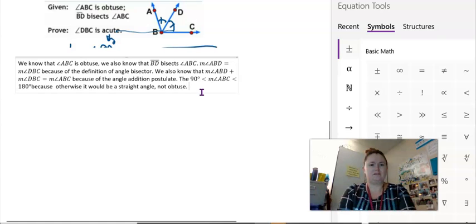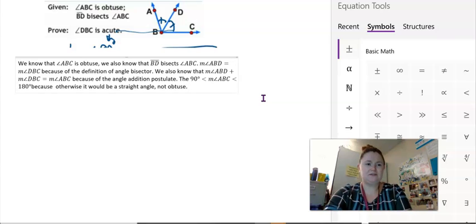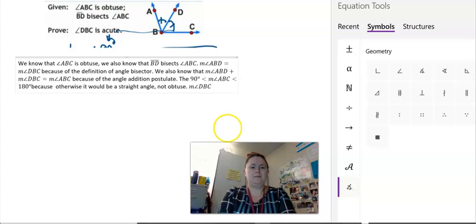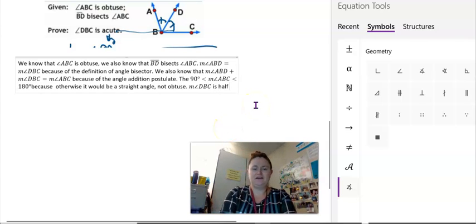We would say that since ABD and DBC are the same, then, because we're trying to prove DBC is acute, the measure of angle DBC is going to be half the measure of angle ABC.